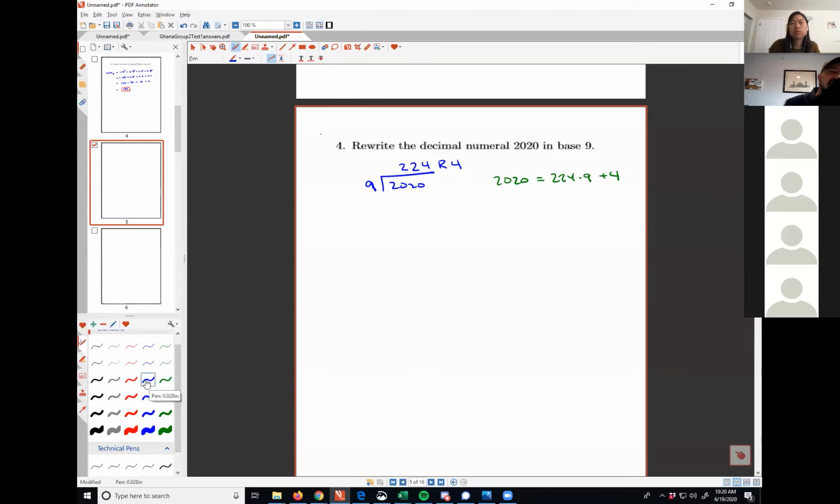And then I'm going to take those 224 groupings of 9, and I'm going to group those into groups of 9. So 9 into 224, and we get 24 remainder 8. In other words, 224 is equal to 24 times 9 plus 8.